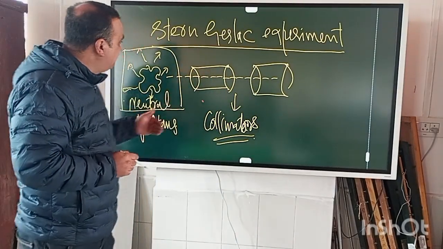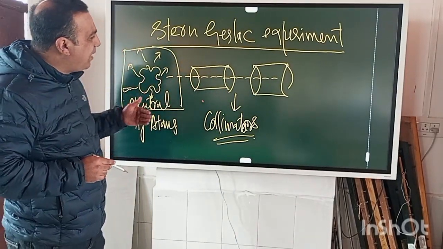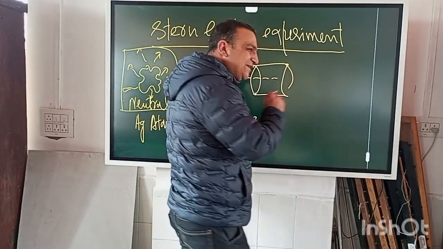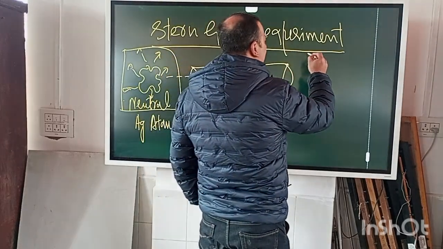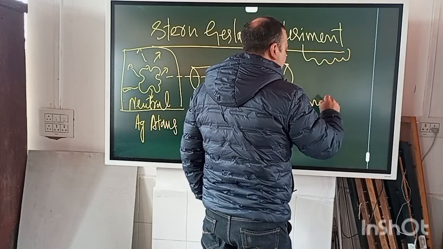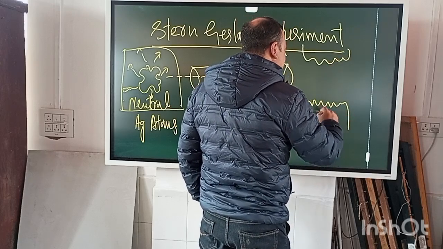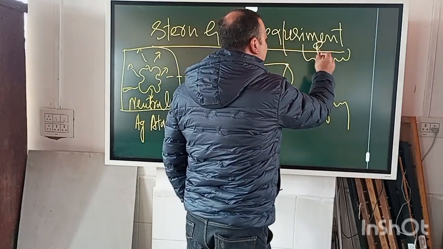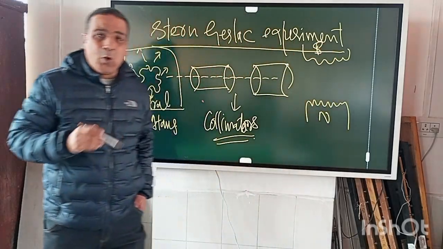Now, what Stern and Gerlac did was project this beam of silver atoms on a non-uniform magnetic field. So you have a magnet, say this is the North Pole and this is the South Pole, basically the pole magnet.